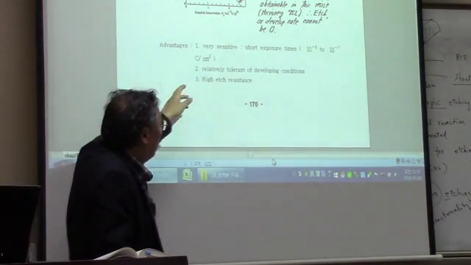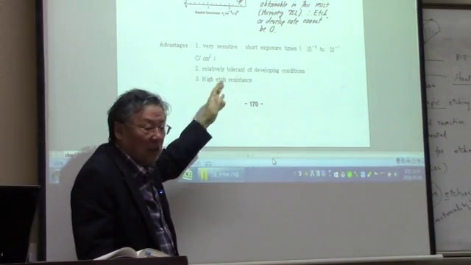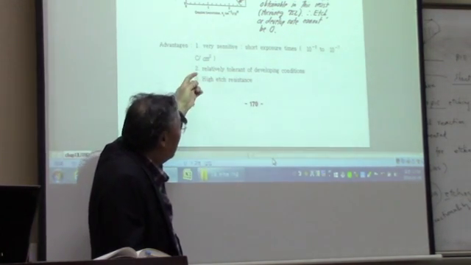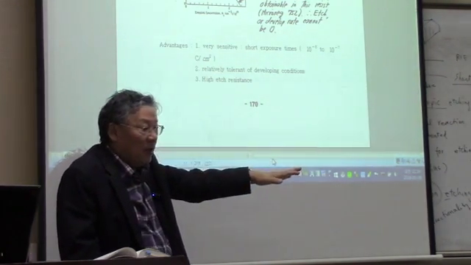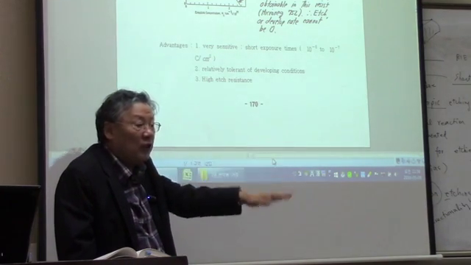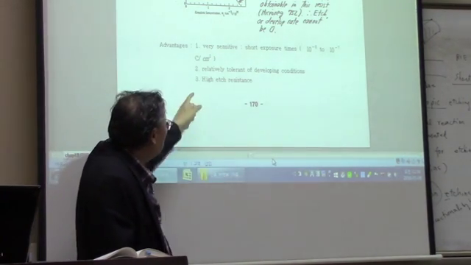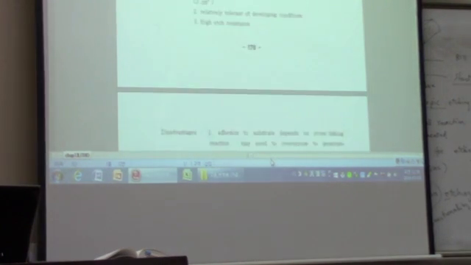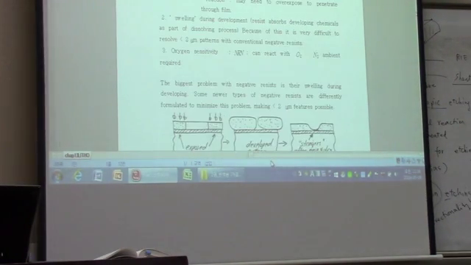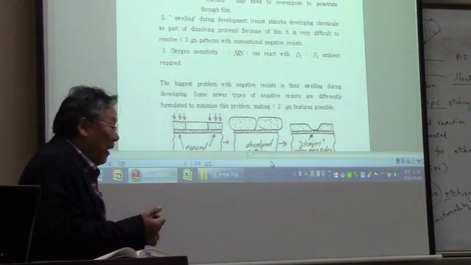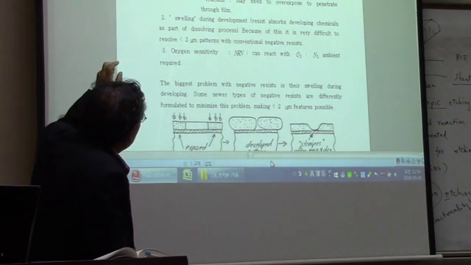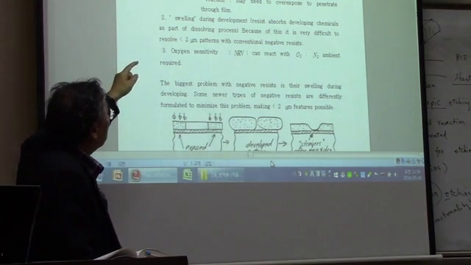So we have relative margins in developing the area of negative photoresist without light exposure. High etch resistance. The polymerized part is not going to be etched at all because it becomes heavy molecules. Now, the disadvantage is important.